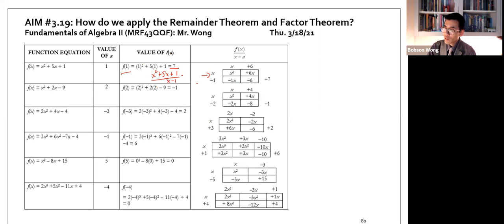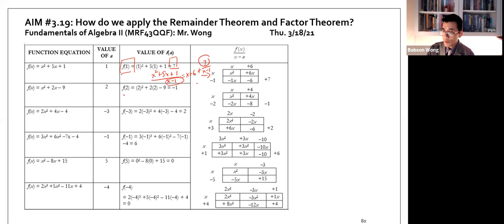And so this gives us an answer of x plus 6 with a remainder of 7, which we can express as 7 over x minus 1. And so we notice here that f of 1 equals 7.